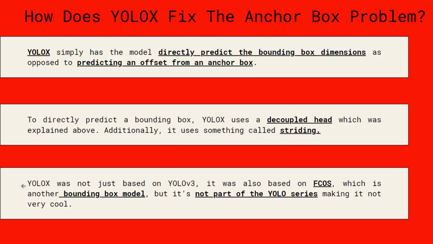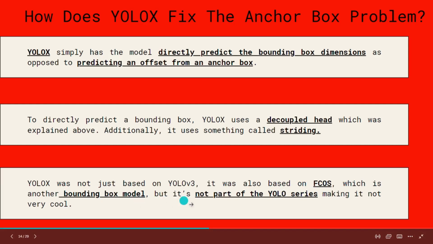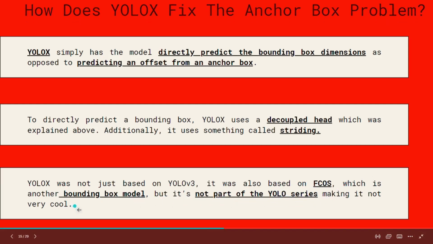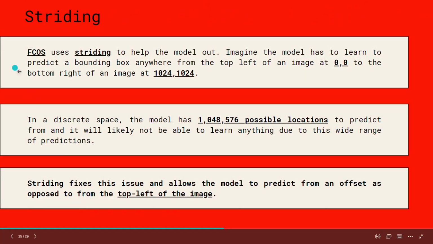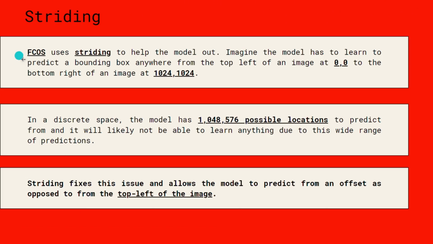YOLOX was not just based on YOLO v3, it was also based on FCOS, which is another bounding box model, but it's not part of the YOLO series, making it not very cool. So FCOS uses striding to help the model out.